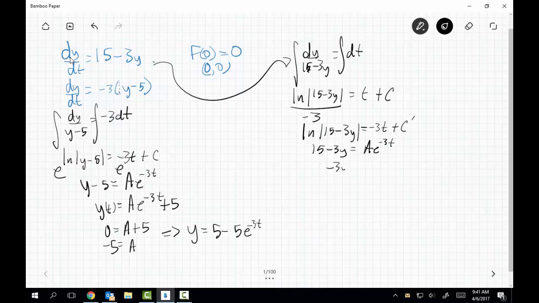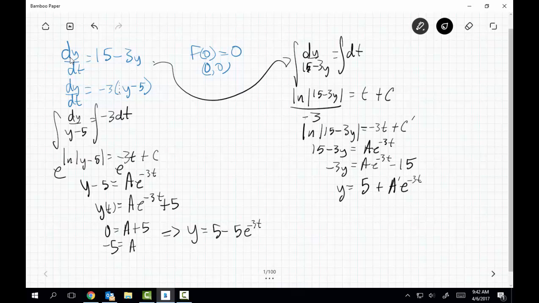I have -3y is equal to a e to the -3t minus 15. And now y is equal to, if I divide through by -3, 5 plus a prime, because now I've got a new constant, a divided by a constant is just another constant, times e to the -3t. Look at how much more work this is.